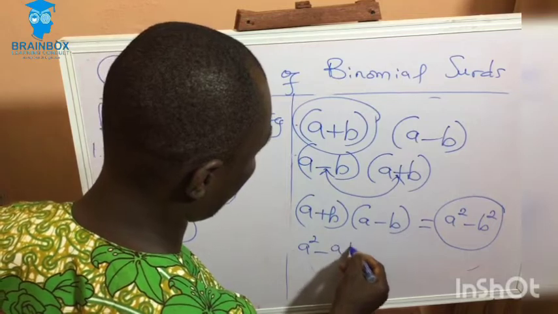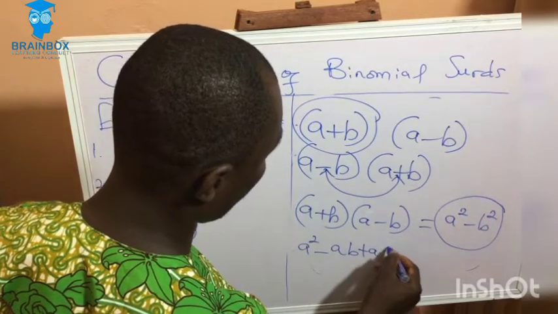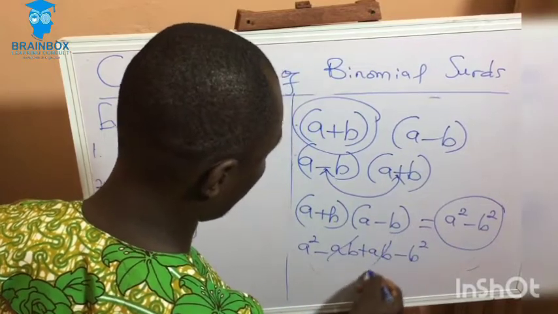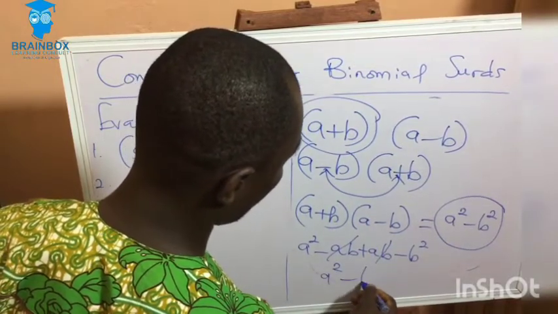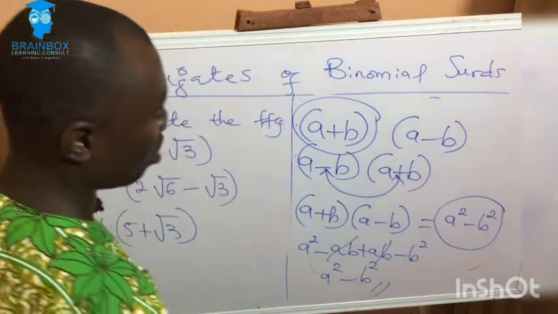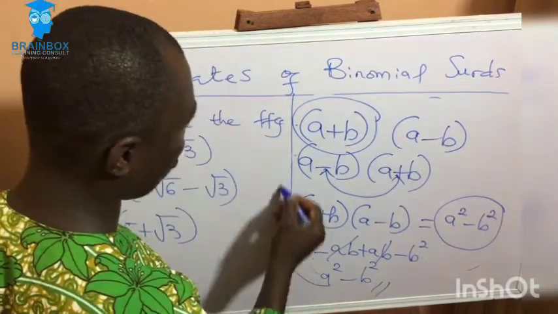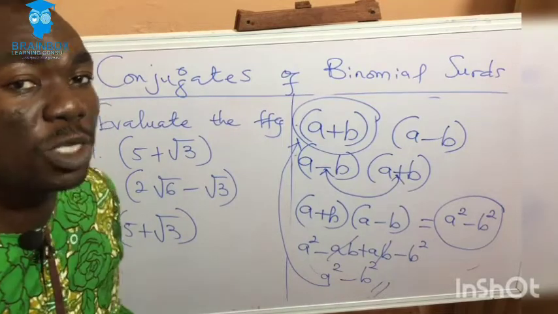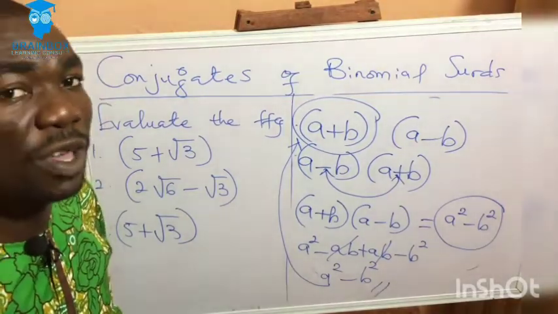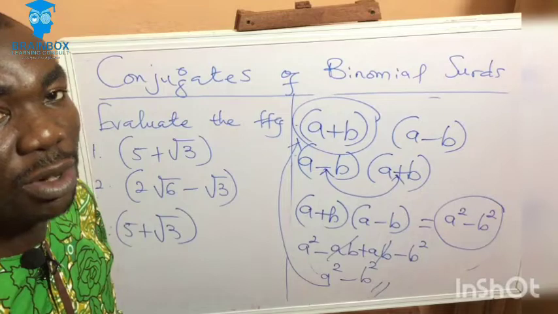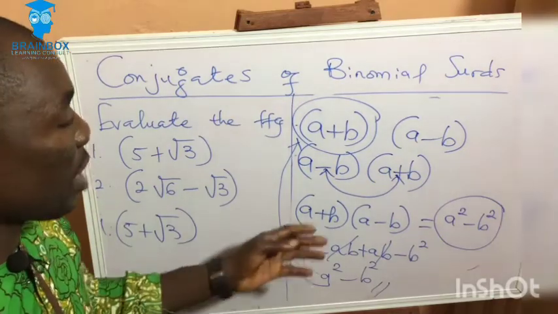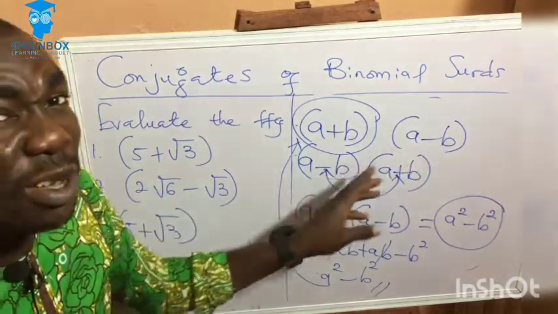That will be ab plus ab minus what? B squared. This cancels this. You are having a squared minus what? B squared. So that brings us to this notion that the conjugate of a binomial is this changing of the sign.